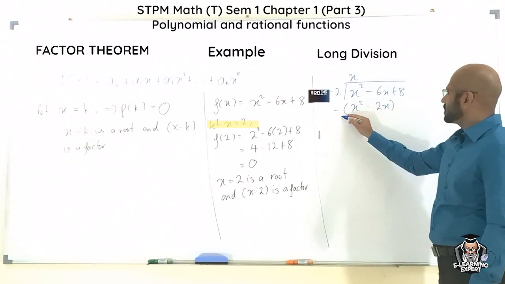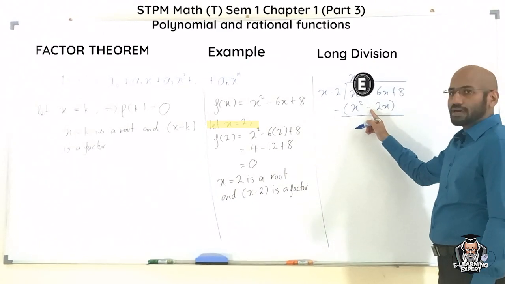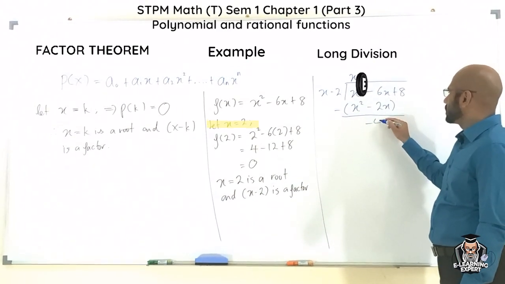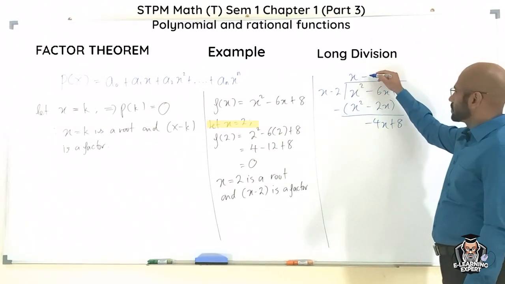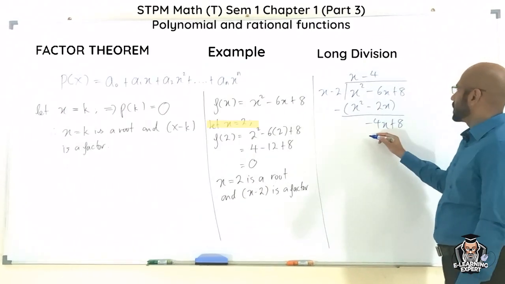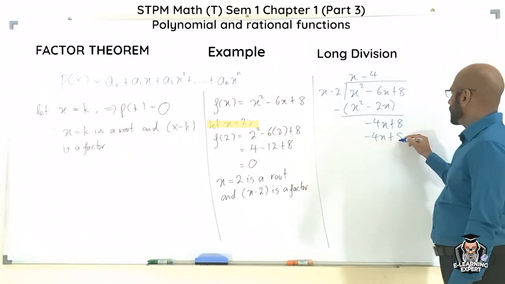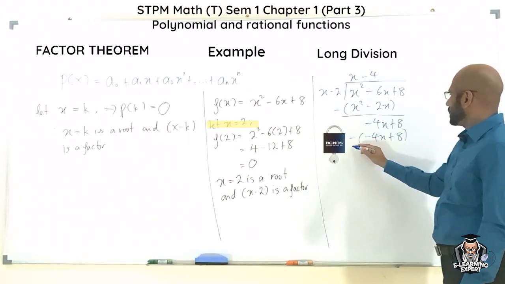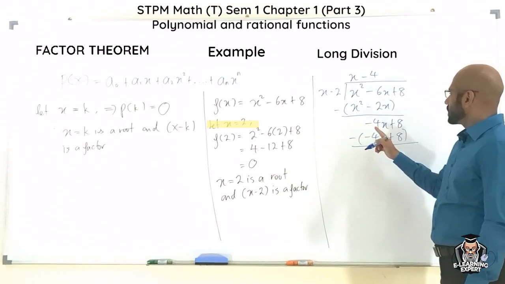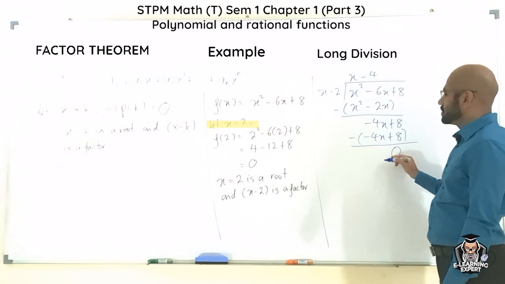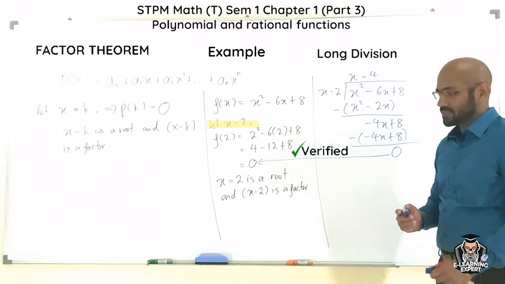Subtract, open brackets. This eliminates, minus and minus is a plus 2. Plus 2 minus 6 is minus 4x. Bring down the plus 8 here. This got to be a minus 4. Minus 4 times x is minus 4x. Minus and minus giving us a plus 8. Minus open brackets, negative 4x plus 4x is 0, 8 minus 8, we have 0 remainder. See, we get the same thing.